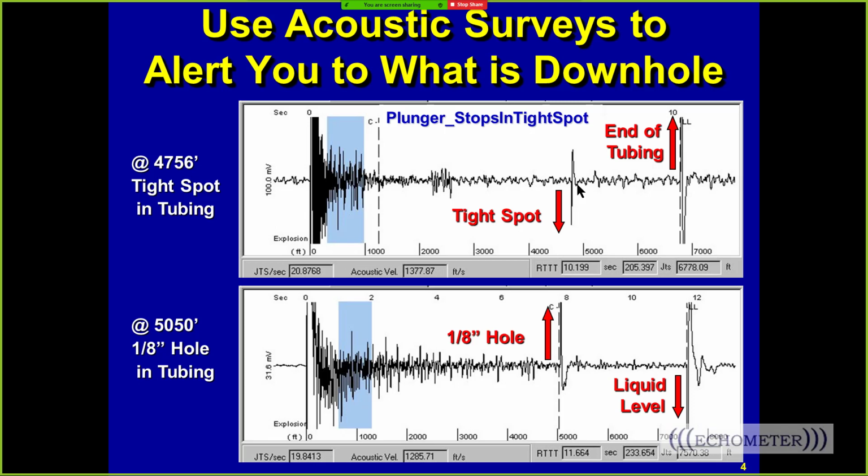For some reason, it unlatched and it blew up the bumper spring, blew up the hole, and it doesn't have a standing valve in it. If it did, you wouldn't be able to see past it. But this is a bumper spring with collar stops held in a joint of the tubing that you can shoot past. And so the answer is, if there's a partial obstruction, you can shoot past it.